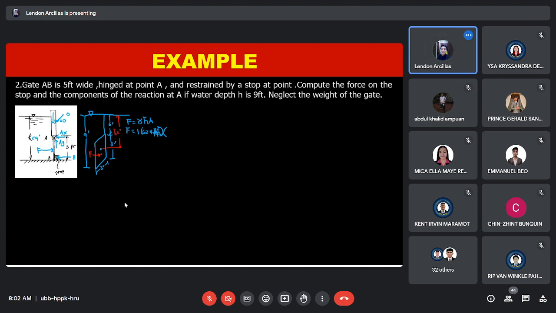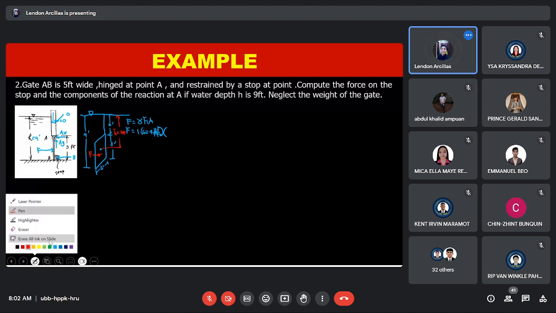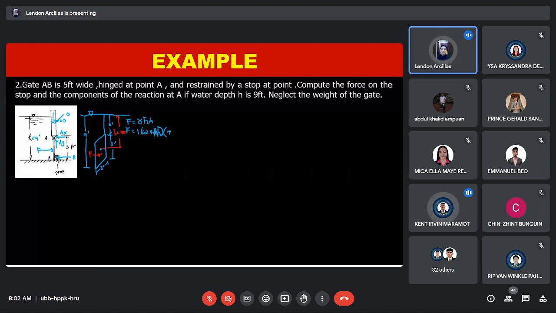So that is 7.5. Area of the gate is 3 feet times 5 feet. Since rectangle lang yan, length times width. So the value of our hydrostatic force is 7,020 pound force.